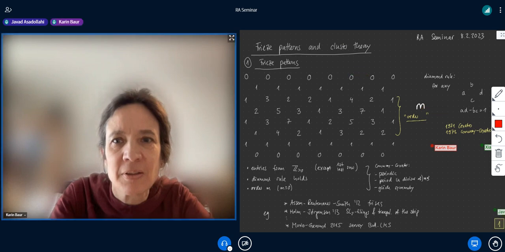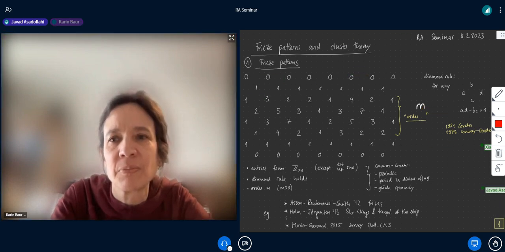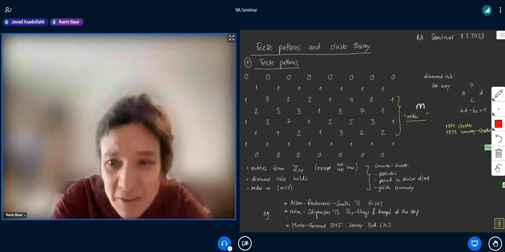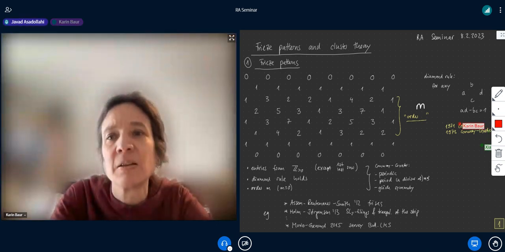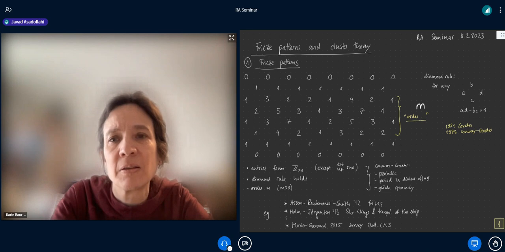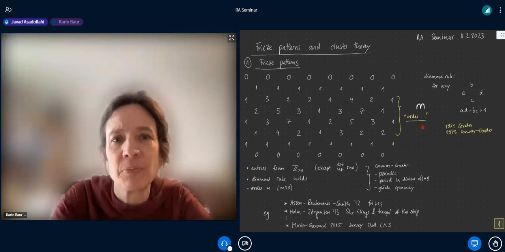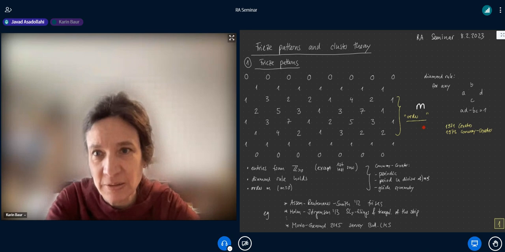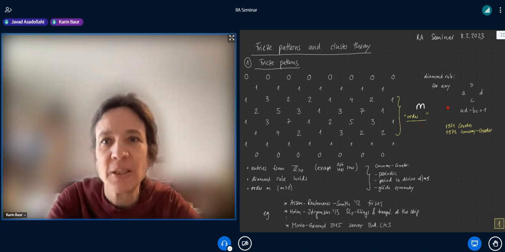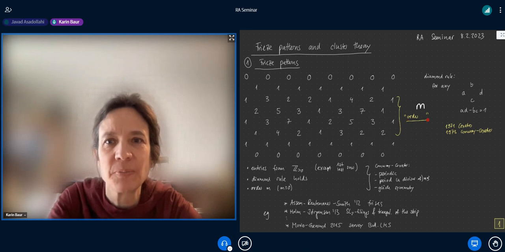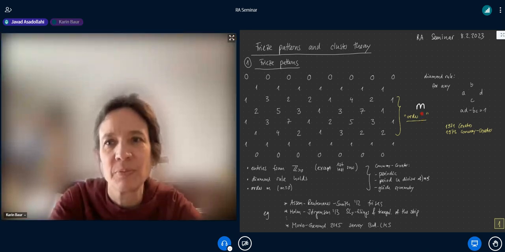I chose the pen and the color and wrote a small M where you see order. Can you see that? Yes, we can see it. Okay, thank you.